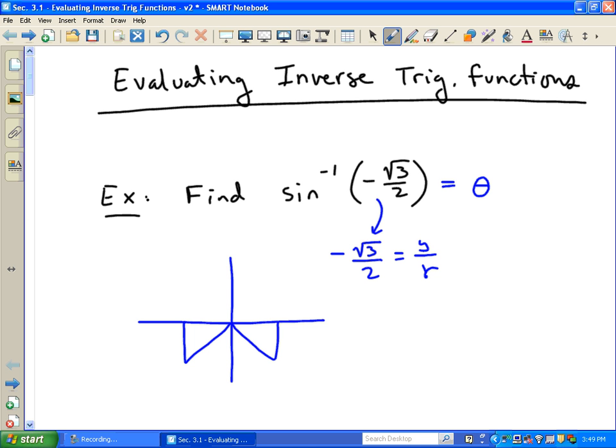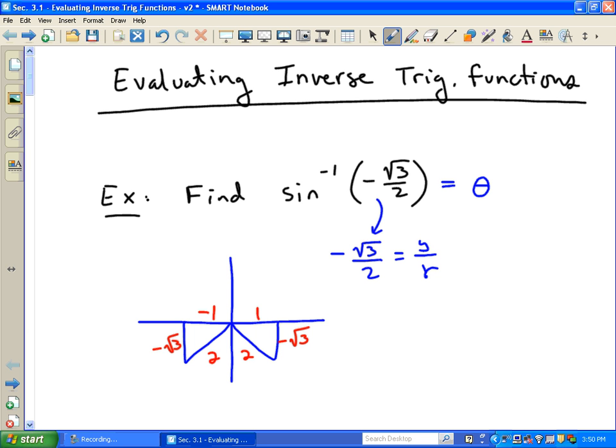Let's label these two triangles. We have the y value being negative square root of 3, the r value being 2. Depending on which quadrant you're in depends on the sign of your x. In quadrant 4, the sign of x would be positive. In quadrant 3, it would be negative.